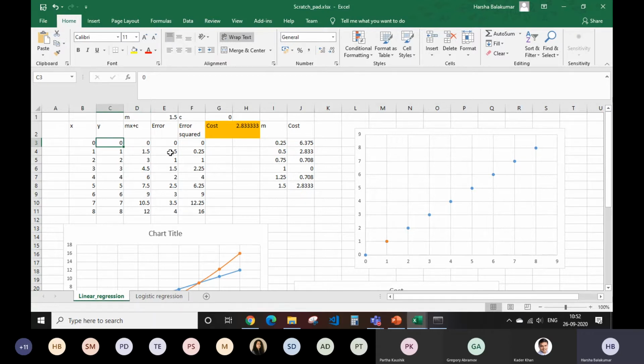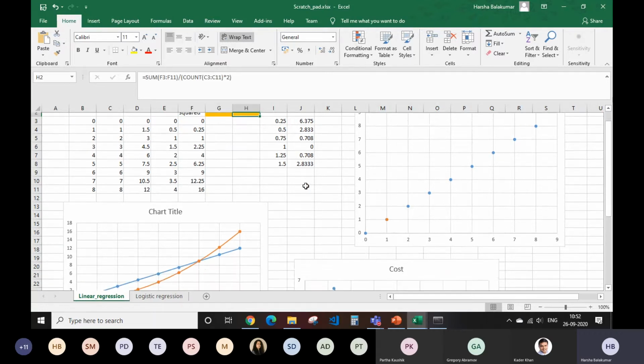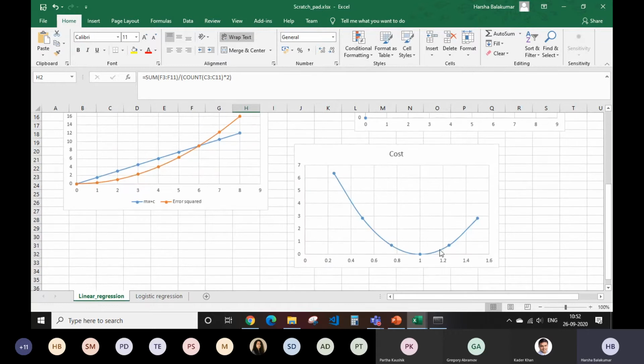So you see the difference, square it, and take the mean of all the squared errors, and you get the cost function. So you take a value of m, c, and look at the cost function for that. Then you reduce the m value with gradient descent and look at what the cost function will be. We did this manually, and this is the graph which we got.